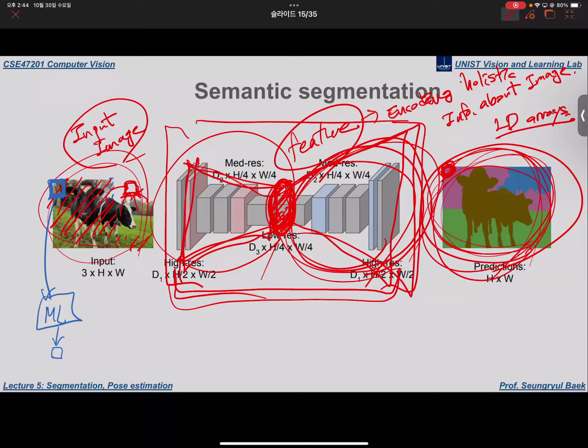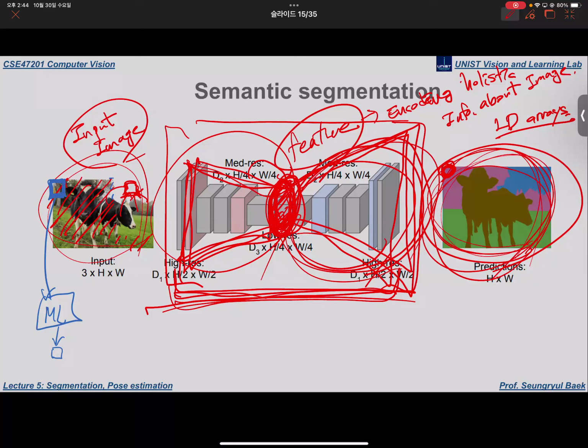So somehow this feature has to be extracted from the global image, and we have to expand it again to somehow make our classifier consider the global information. The reason why we construct this kind of architecture is that it is also trained well for the semantic segmentation algorithm.